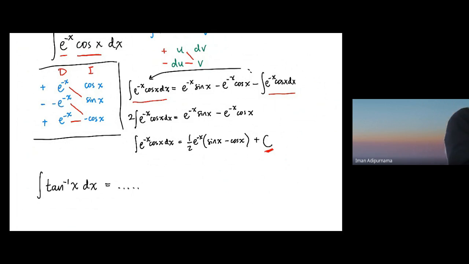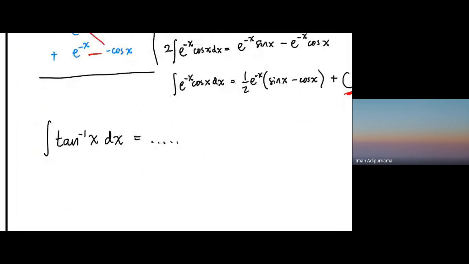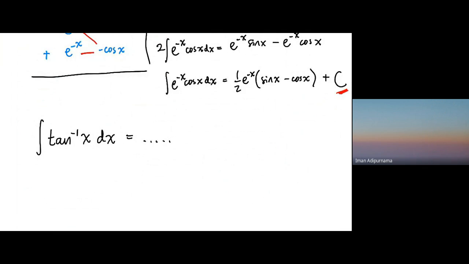Now, if we are thinking about the integration of tangent inverse, maybe it's better if the tangent inverse can be differentiated, right? Because we know that tangent inverse, if we differentiate, will be 1 over 1 plus x squared.